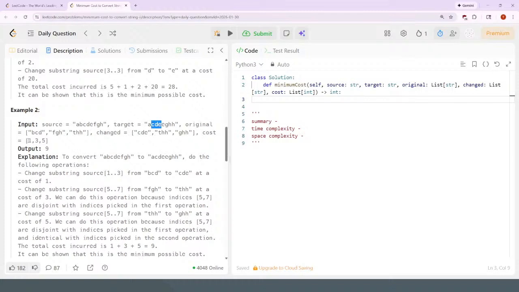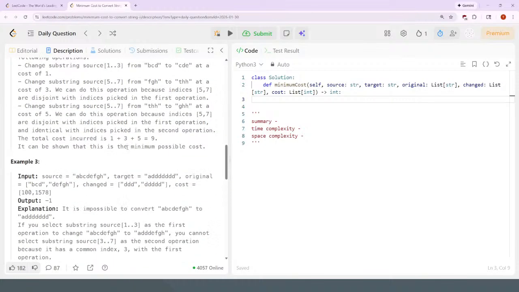That's fine, costs 1. And then for the back three, FGH needs to become GHH. So FGH can change to THH, and then THH can change to GHH. This comes to 135. Okay.